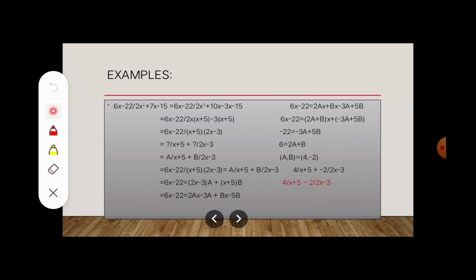Then use negative a over b equals a over negative b equals negative a over b to rewrite the fraction. So we have 4 over x plus 5 minus 2 all over 2x minus 3.